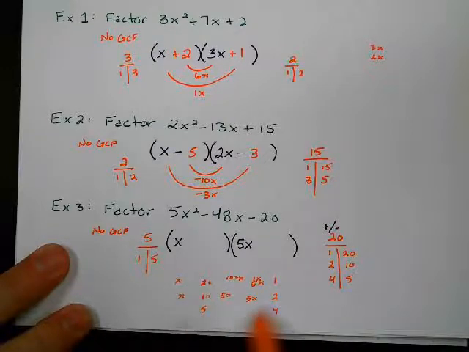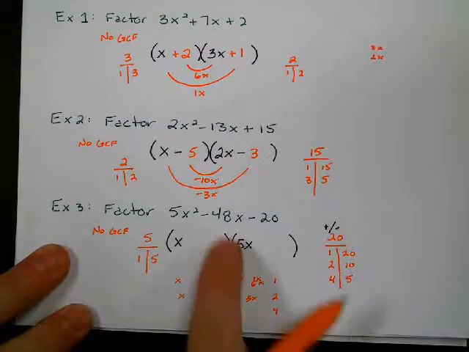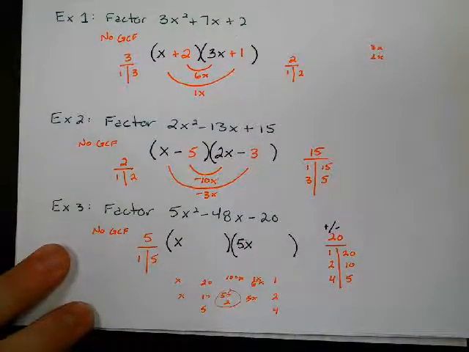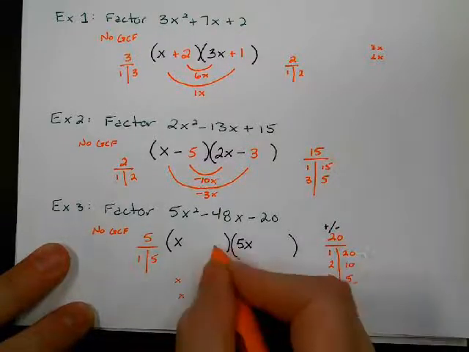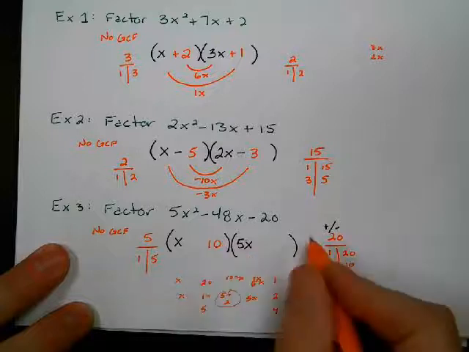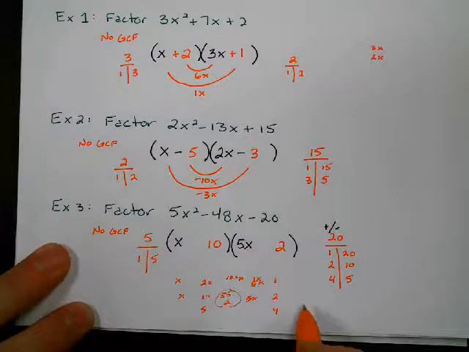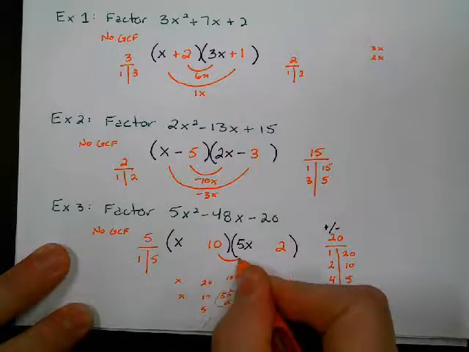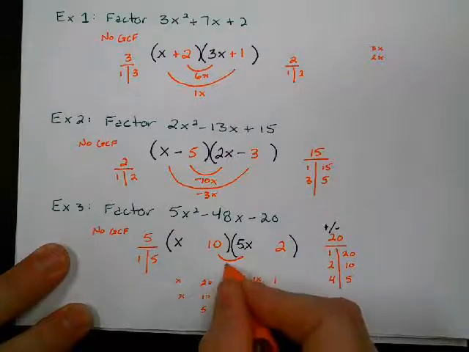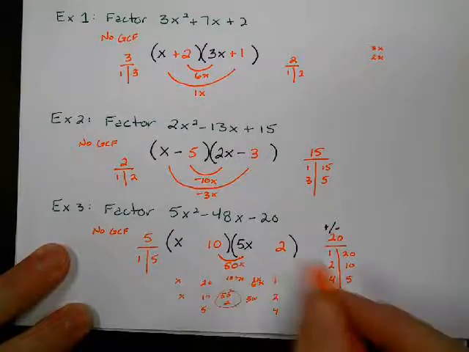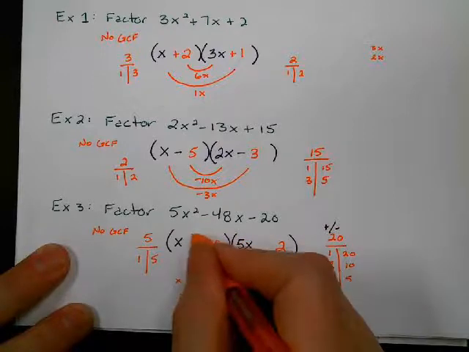Those two subtracted do give me 48. So that's good. So I know that the 10 has to go here, and the 2 has to go here. These two give me 50x, and these two give me 2x.